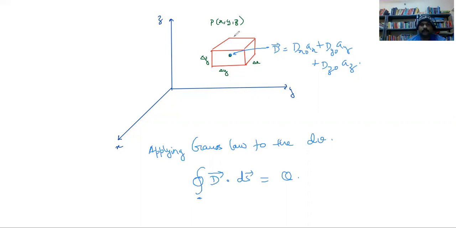This integral is nothing but the whole cube itself, so each surface of this whole parallelepiped, or the differential volume element, to be simple. So this integral is made of the front surface and the back surface, correct?